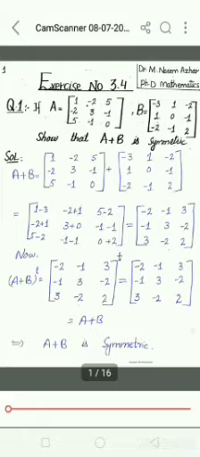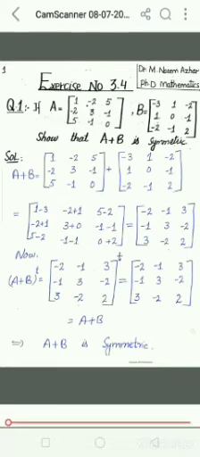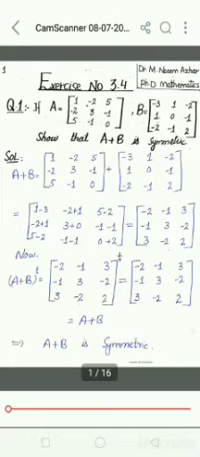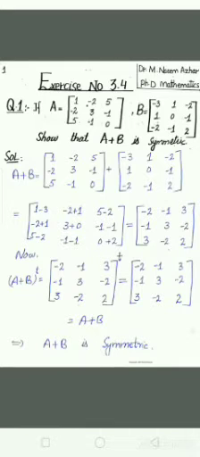And if we take the transpose and the matrix A does not come originally, we have to take minus common from the whole matrix and then A appears. That is, if A transpose is equal to minus A, then we say that matrix A is a skew-symmetric matrix.